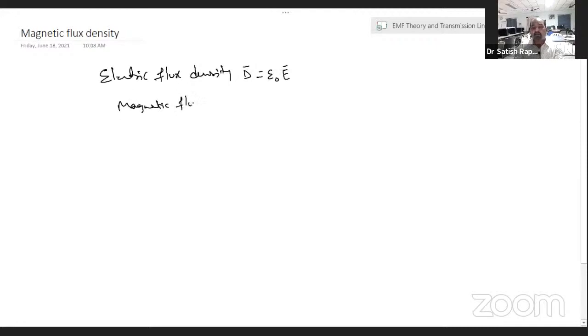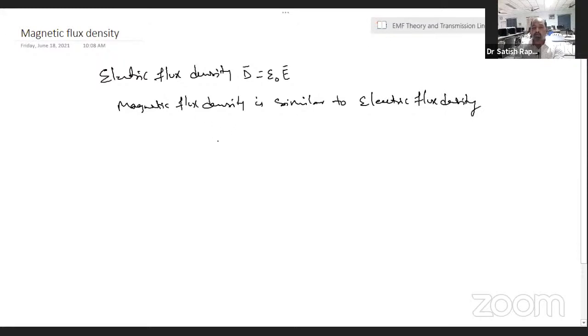Magnetic flux density is similar to electric flux density.